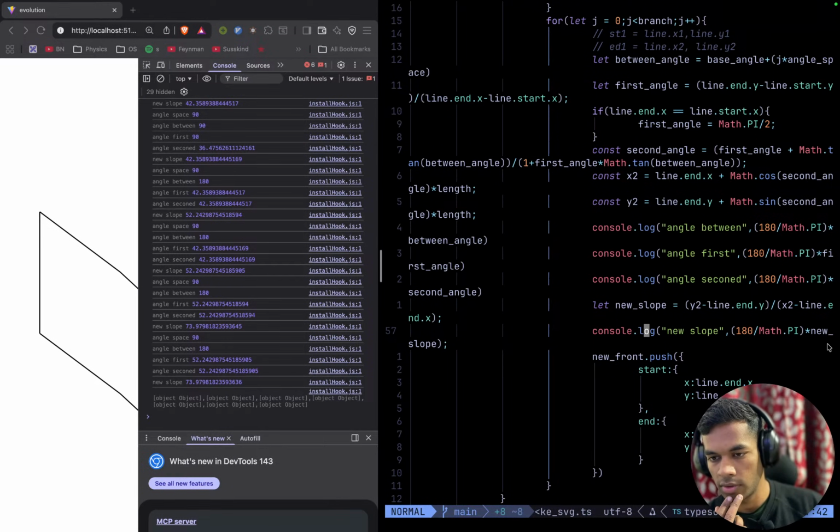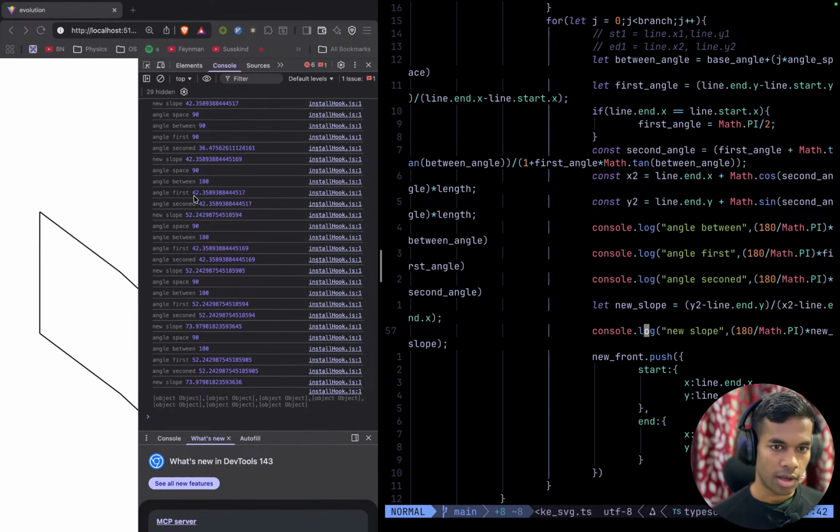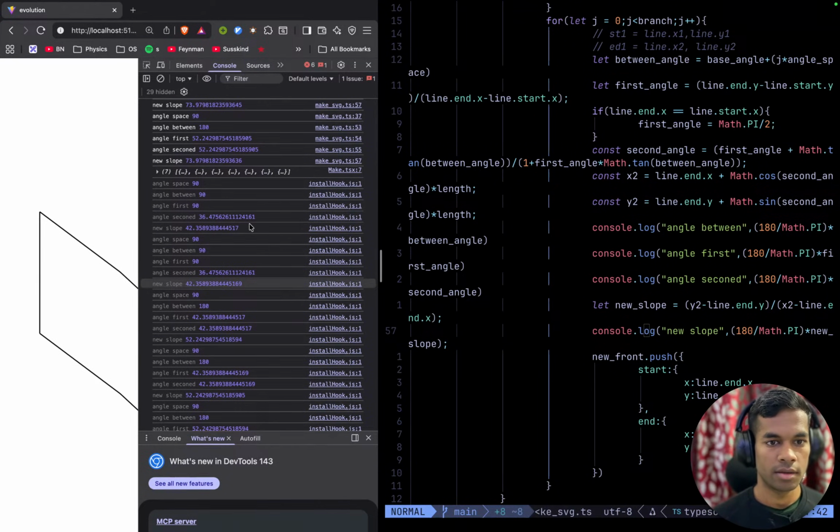Y2 minus y1, x2 minus x1. And this is happening for all of the angles. Here the direction in which we moved was 42, but the new slope was different. This is probably happening because of precision problems.